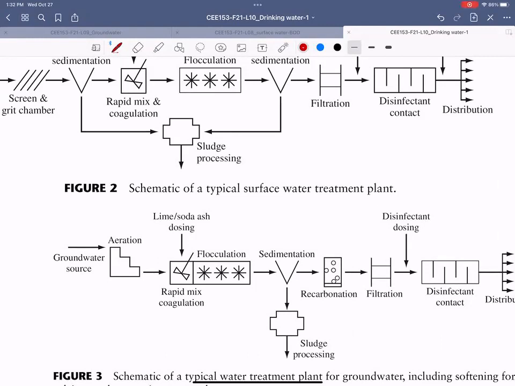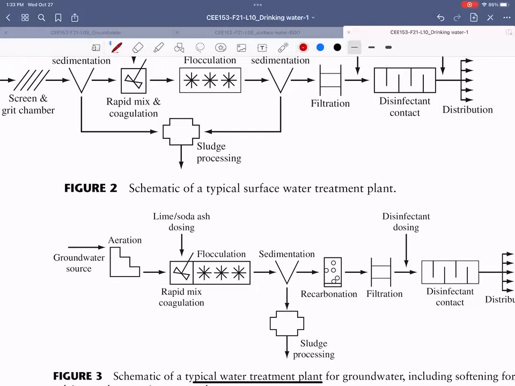In fact, you don't have turbidity, so you don't need a sedimentation tank because it doesn't have that much particle. Particles cannot move through ground. It's all filtered out very easily. So the thing you go directly to is taking care of the hardness. In this process, lime and soda ash are added to remove hardness.